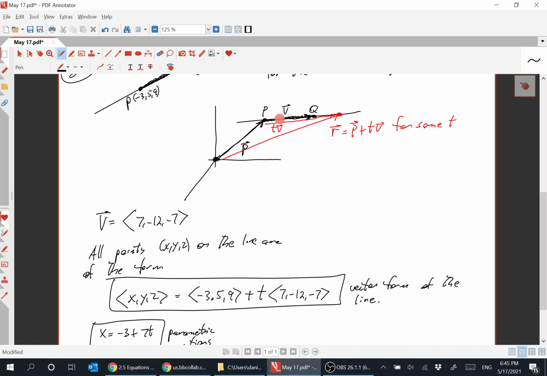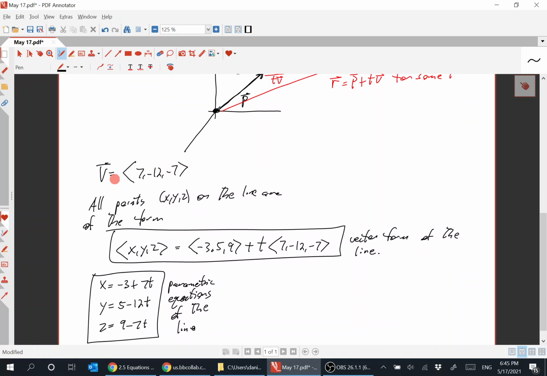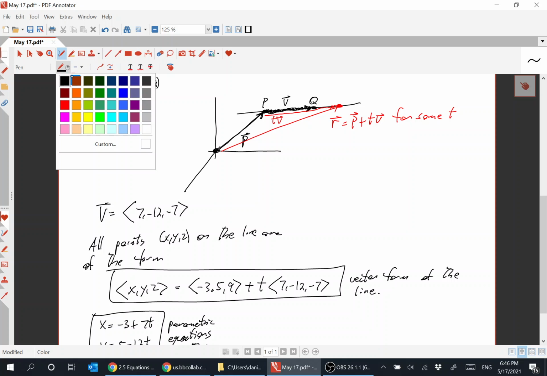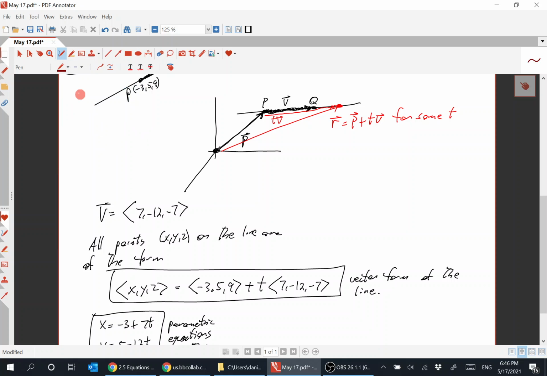Now, how do you get the line segment between P and Q? What values of T are used for the line segment between P and Q? If you just want these points here, what values of T would you use?